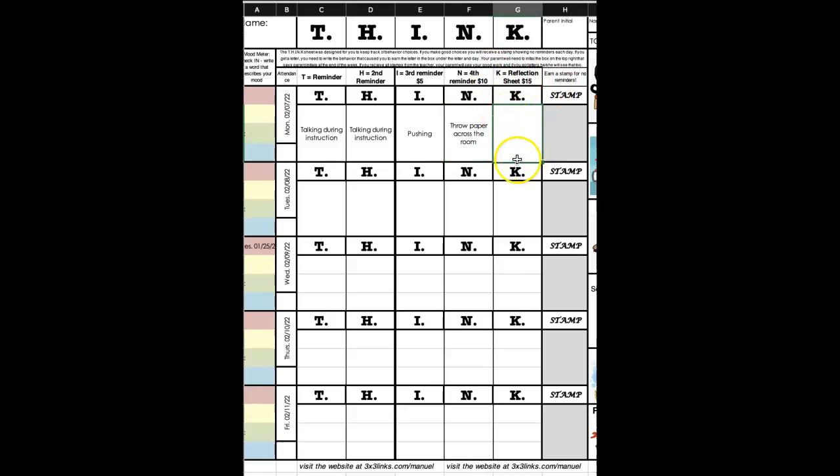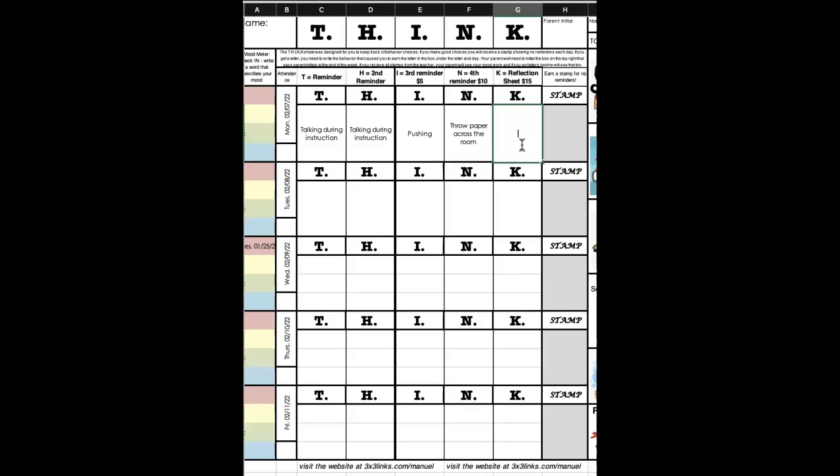And then this K right here, I mean, let's just be honest. Nobody should have to talk to one student 5 times in a day. Kids are really good at knowing their expectations, and most kids don't get letters throughout a regular day. But if you do get to a K, that's a $15 penalty at the end of the week. And you'll also need to do a case sheet.